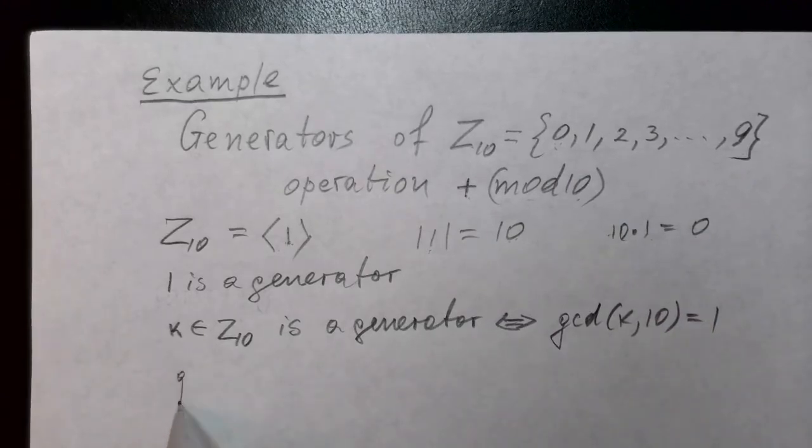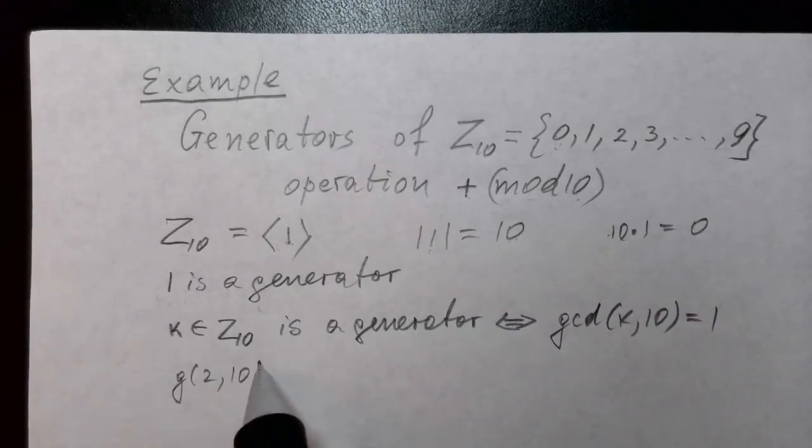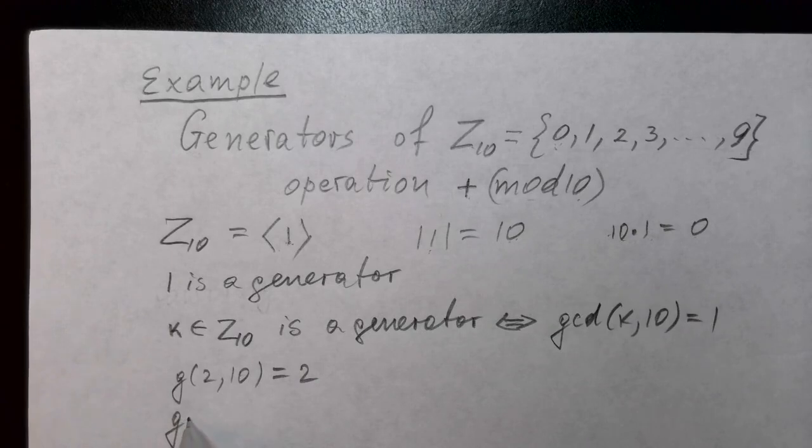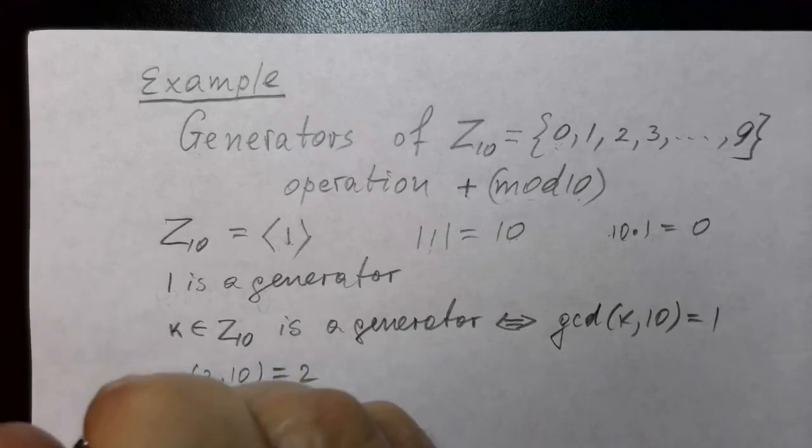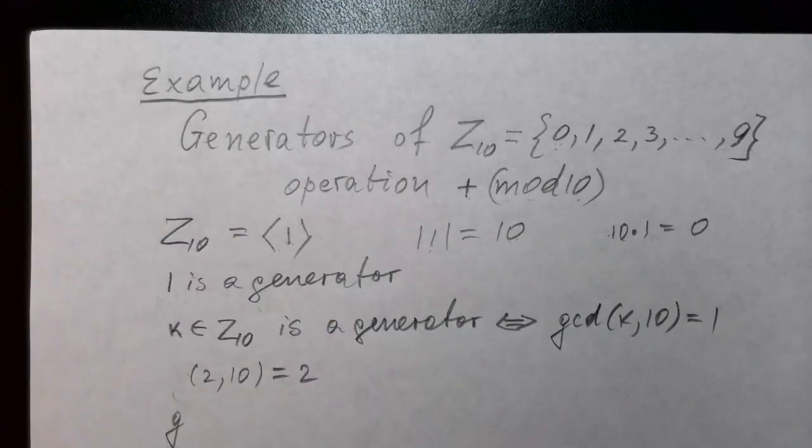The GCD of 2 and 10 is 2, so 2 is not a generator. The GCD of 3 and 10 is 1.